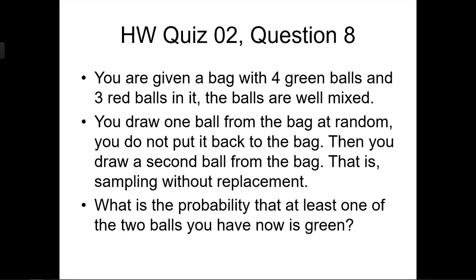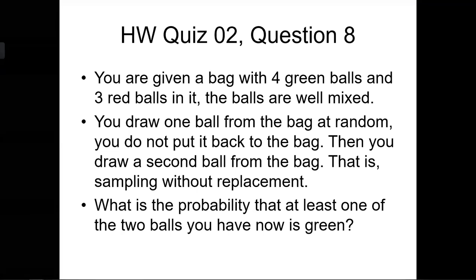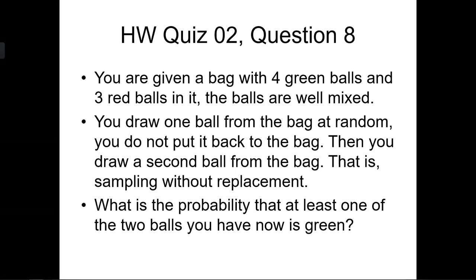Okay, so when we draw the first ball, that can be green. Also, when we draw the second ball, that can also be green, and then both can also be green. That's what we need to find. Okay, is the question clear? Yeah. Mm-hmm. Okay, now how do you go about it? Any ideas? Don't give me the answer.